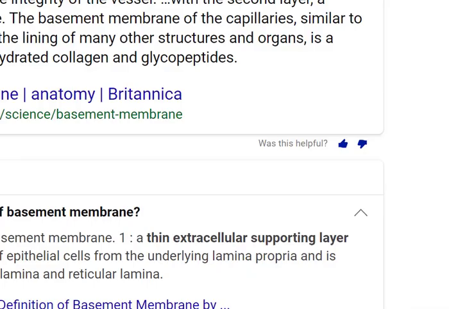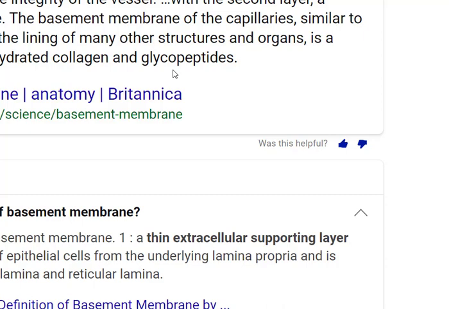So for those of you who are dying to know what basement membrane is, it is hydrated collagen and glycopeptides. So if you remember when you did the chapter on histology and you learned about the different cell types, and we looked at the connective tissue, you have the really, really strong connective tissue that makes up the ligaments and the tendons, and they are really full of collagen fibers.